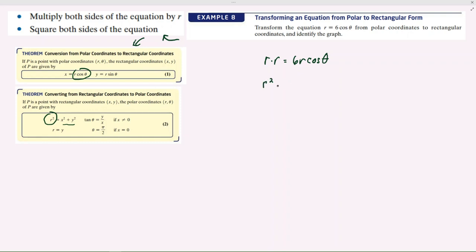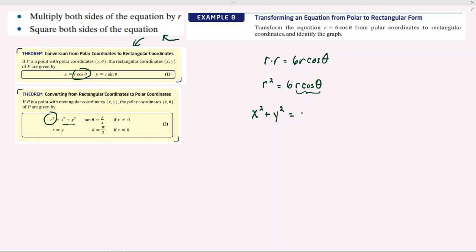So I've got r squared equals 6r cosine theta, and I know that in terms of x and y, I can substitute for r squared. It's equivalent to x squared plus y squared. Now over here, r cosine theta is otherwise known as x.